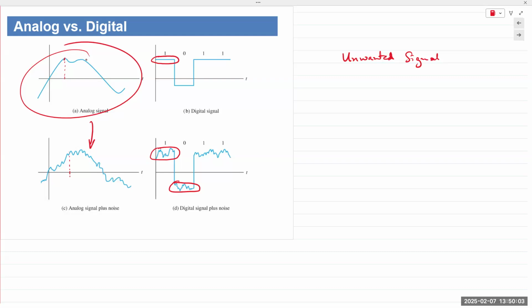Okay. So a digital signal, or a digital system rather, is good at rejecting noise signals.